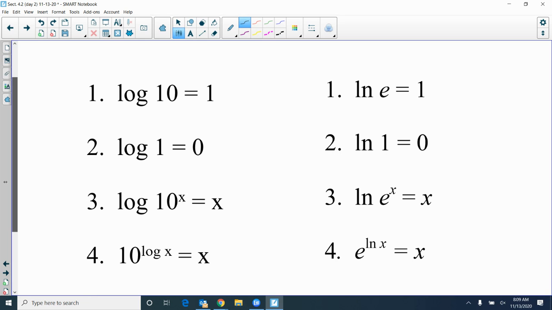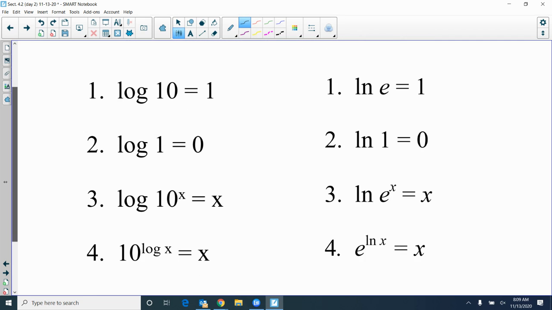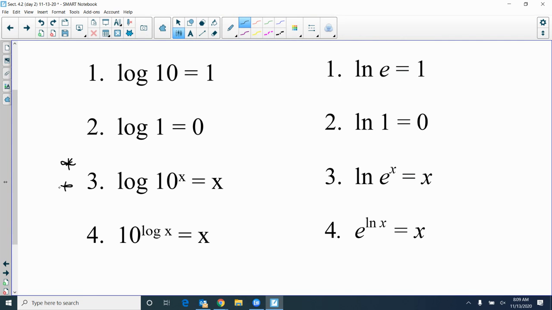Log of 10 to the x equals x. 10 to the log of x equals x. Same thing here. Natural log of e to the x equals x, because that is the base. E to the ln of x equals x. Natural log of e squared equals 2. E to the natural log of 4 equals 4, because that's dealing with the same base.